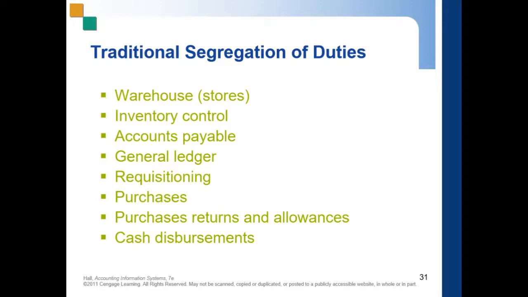If a function is a custodianship function, it should be separated from your recording function and your authorizing function. Those three are your foundation, the three major duties that you should segregate.